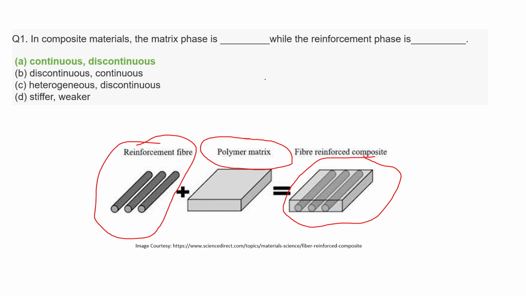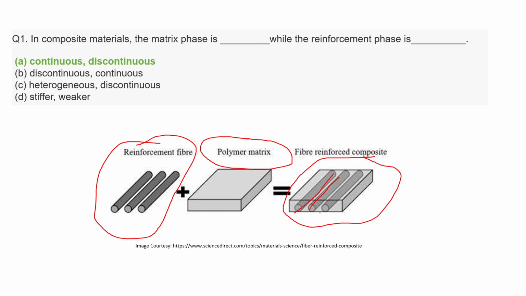Now they are talking about the matrix and reinforcements, how they are. You can see in the composite, the reinforcements are the ones which you can differentiate in the composite, whereas the matrix is uniform. These reinforcements can be separately seen in our composite, and they are not connected to each other. This reinforcement is separate, this reinforcement fiber is separate.